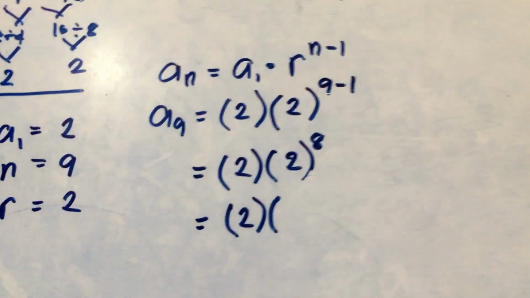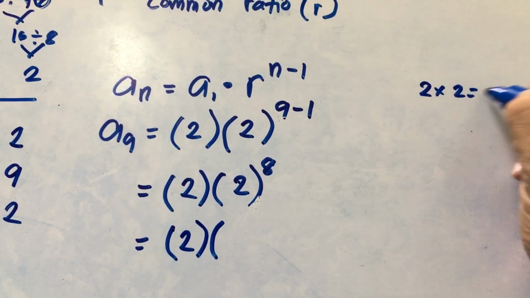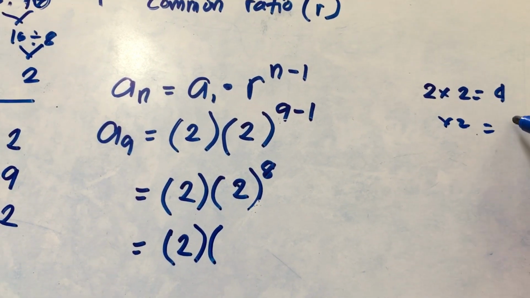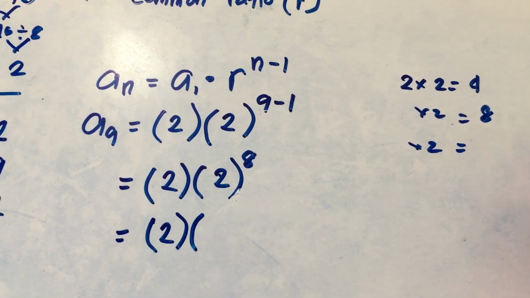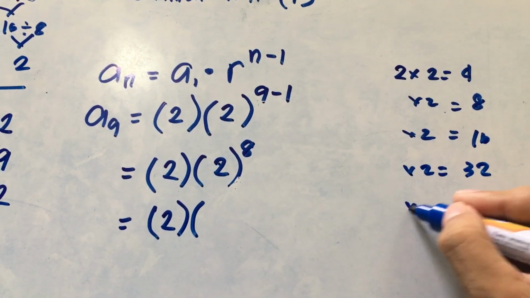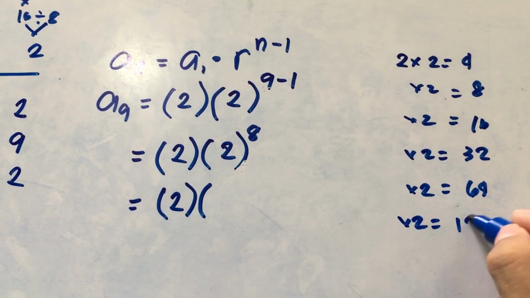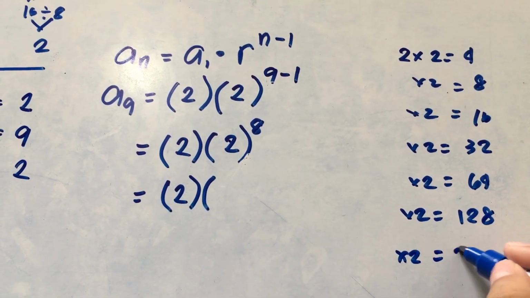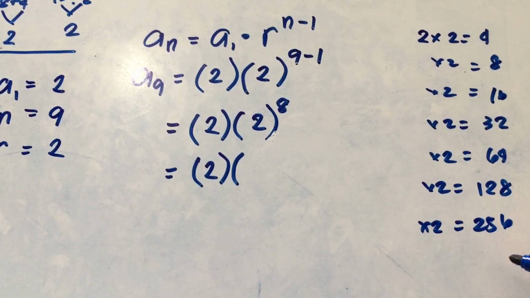If you can still recall, 2 times 2 is 4. Times 2 is 8. Times 2 is 16. Times 2 is 32. Times 2 is 64. Times 2 is 128. Times 2 is 256.